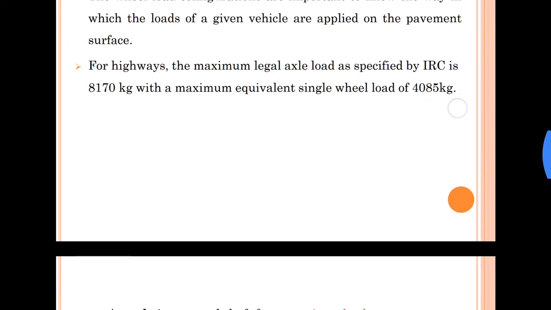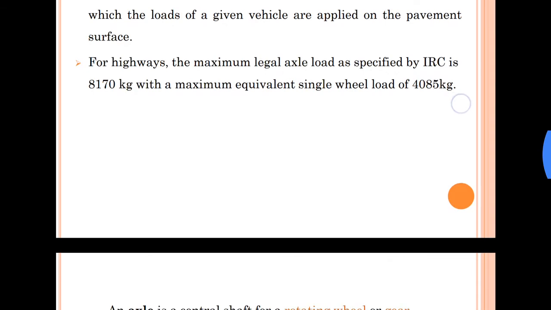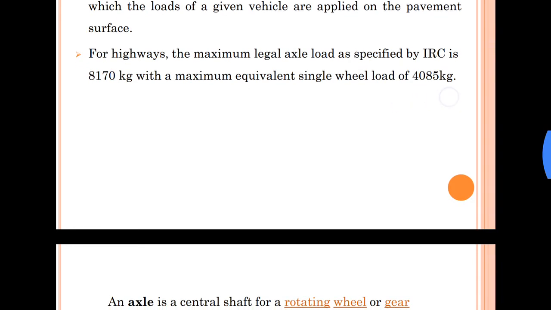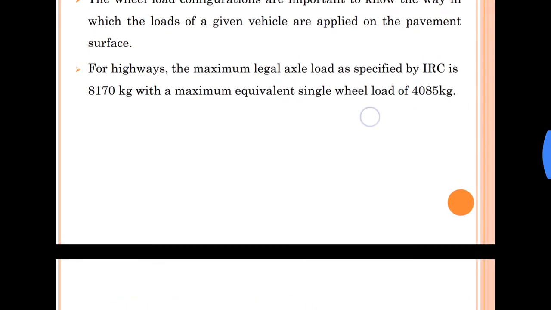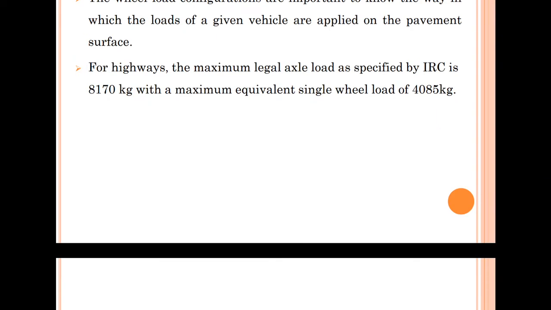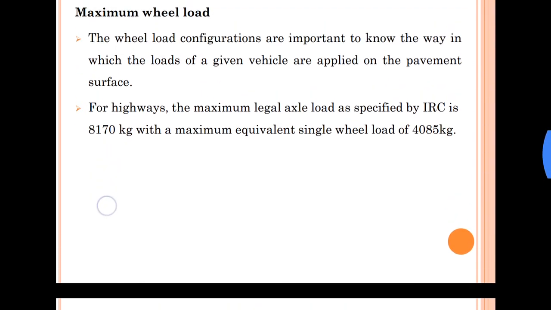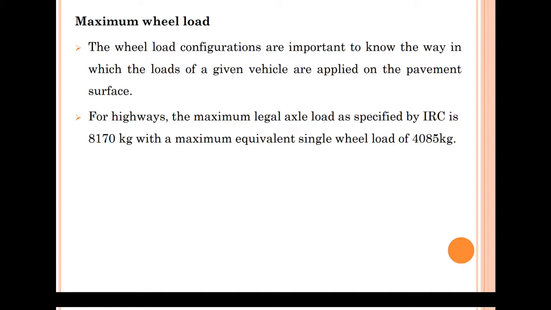So through a single wheel 4085 kg is the maximum load that could be transferred, and through an axle the maximum load that can be transferred is 8170 kg. Now these loads have been specified by IRC.